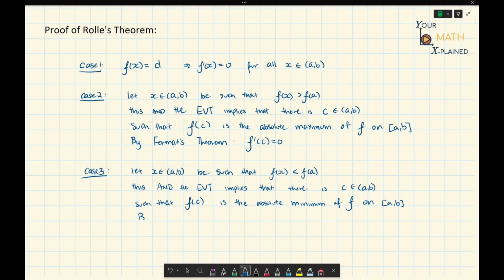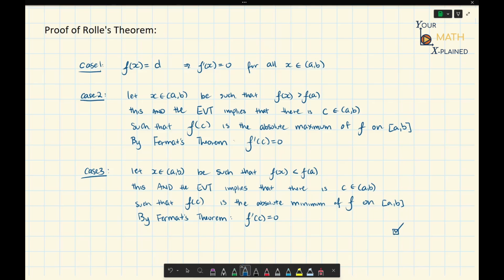And again, now we can use Fermat's theorem to say that since we have this local minimum in the interval (a, b) and the function is differentiable there, we have f prime of c is equal to 0. And thus, we have proven Rolle's theorem.